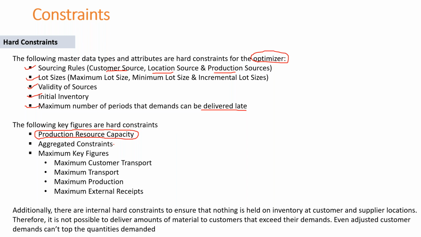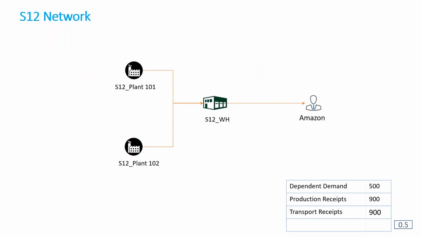Next is aggregated constraints. So what is an aggregated constraint? Whatever constraint we are keeping, you see, we are keeping at a particular node level, right? So here we are saying that from plant 101 to warehouse 2, you can only do a shipment of 100. That is a constraint that I'm keeping. But with aggregated constraints, I can keep it at an aggregated level.